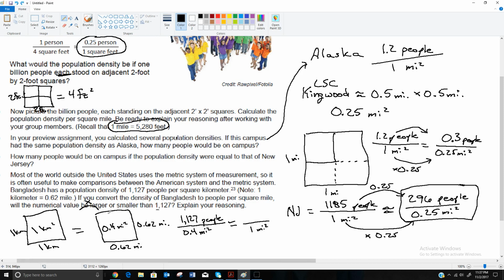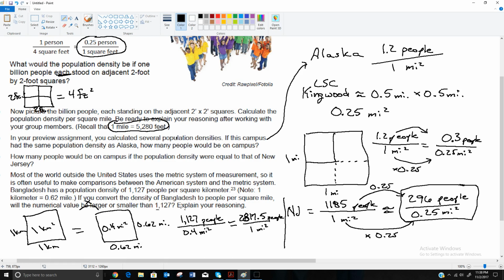So when I take 1,127 and I divide it by 0.4, I get 2,817.5, or if I wanted to round that, I could say 2,818 people per square mile. They'll usually tell you in the homework how they want you to round it.